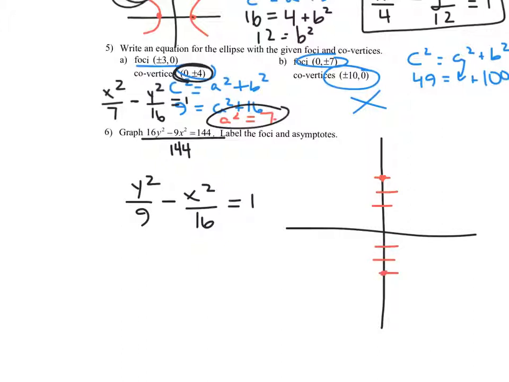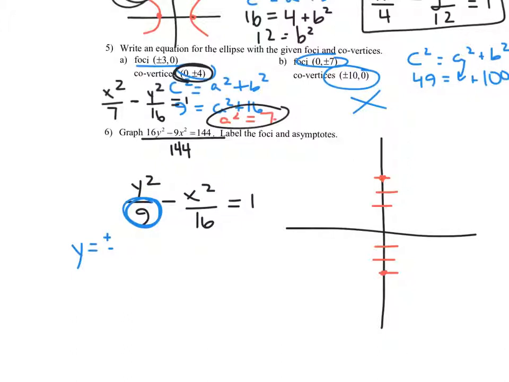So the second thing I'm going to do is find my asymptotes. So the asymptotes are always y equals plus or minus the square root that's underneath the y. It doesn't matter if it's x squared minus y squared or y squared minus x squared. It's always what's underneath the y.